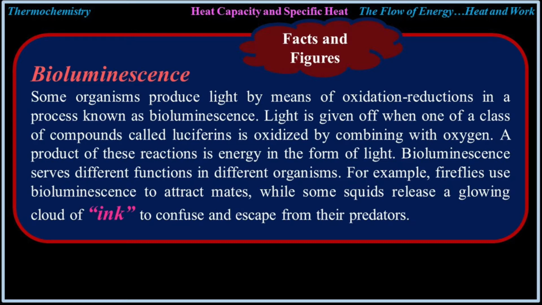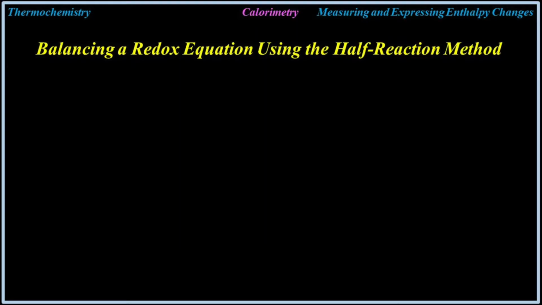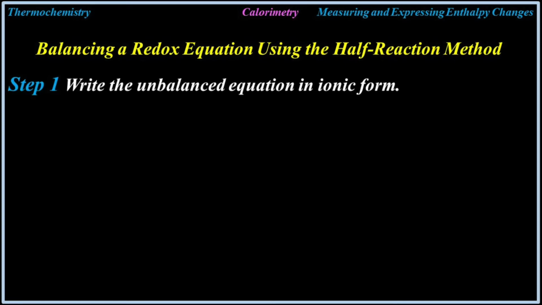So, balancing a redox equation using the half reaction method. I'm going to illustrate the half reaction method very clearly, talking about each step. Step 1, write the unbalanced equation in ionic form. That's key.